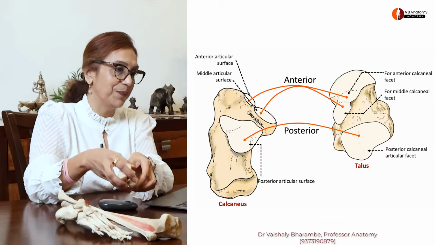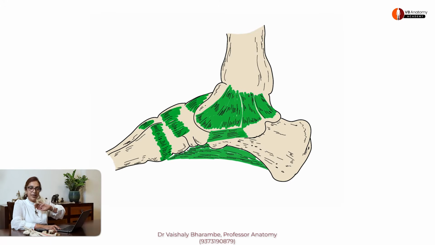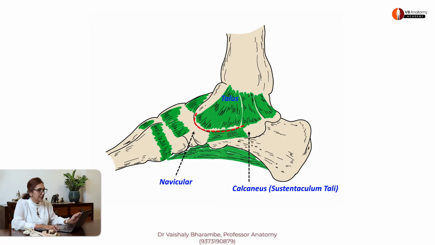Okay, come. So now we are looking at this from the medial side. This is the rounded head of talus, which is articulating with the navicular bone anteriorly. Calcaneus, sustentaculum tali posteriorly. And the two are joined together by a ligament called the spring ligament.